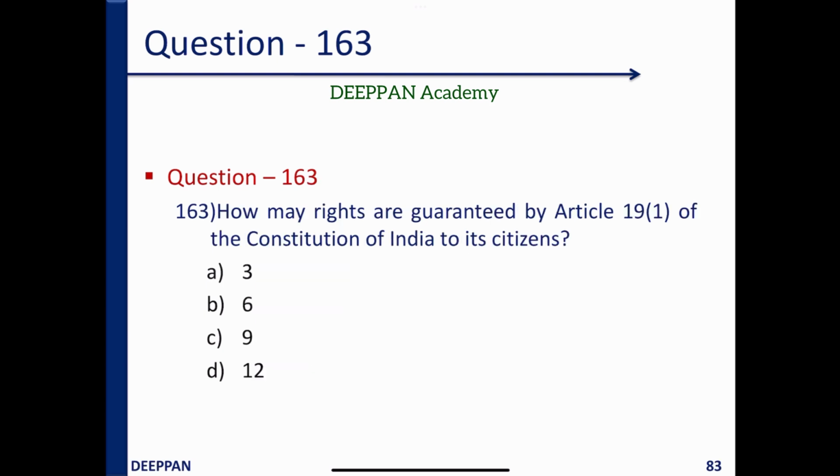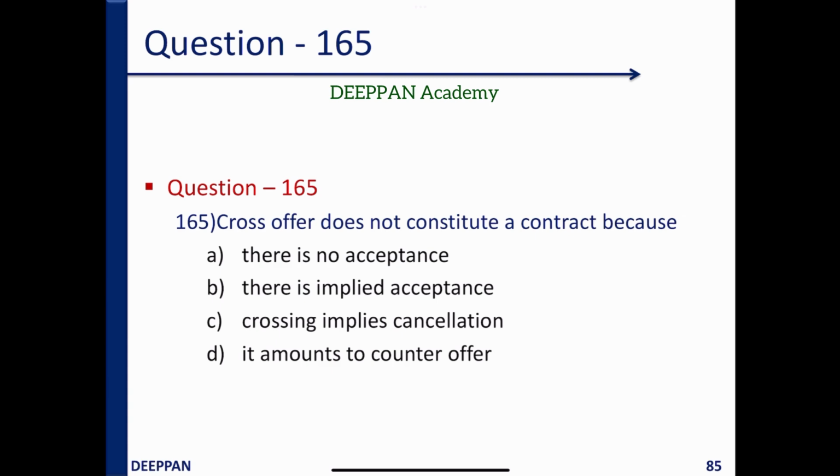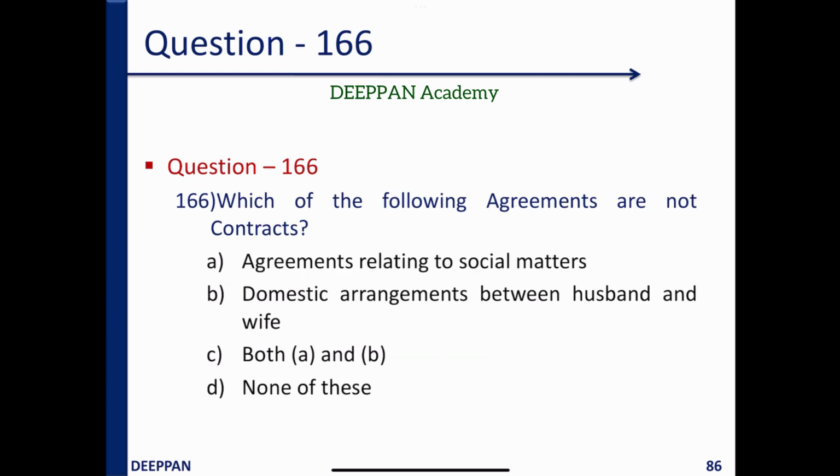Article 18 of the Constitution of India is more a dash rather than a fundamental right. Prohibition. How many rights are guaranteed by Article 19(1) of the Constitution of India to its citizens? 6. There shall be a council of ministers with the dash at the head. Prime Minister. Cross offer does not constitute a contract because there is no acceptance.